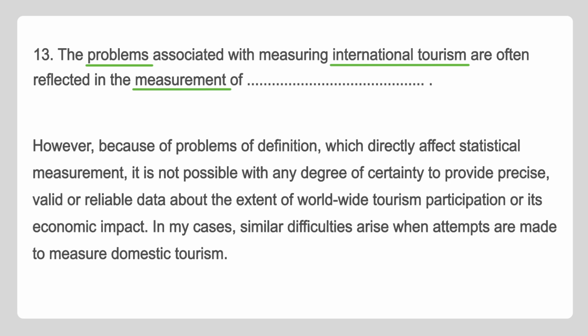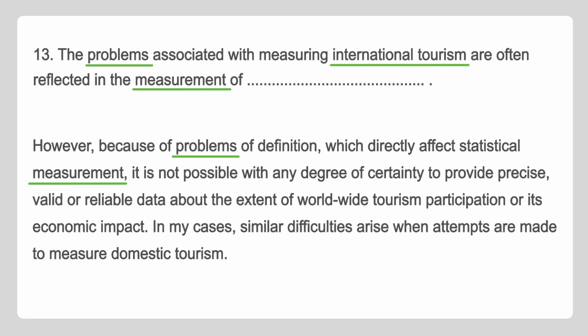Now, the paragraph where measure appears is this paragraph, as you can see here. Problem is also included in the first sentence. However, because of problems of definition which directly affect statistical measurement, measurement is also used. Now, we should look for international tourism and any word which means this.